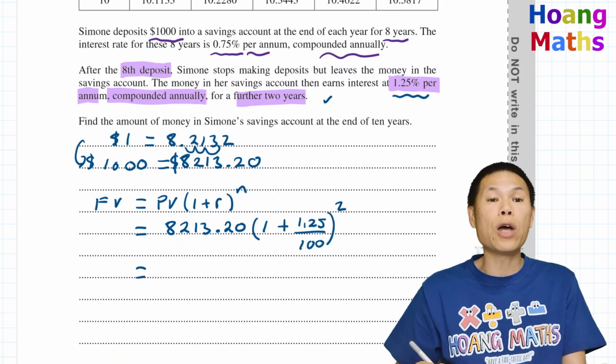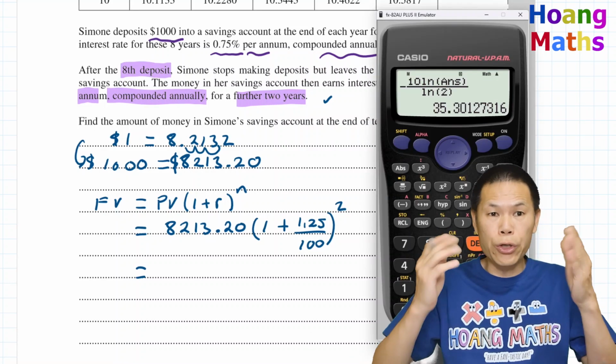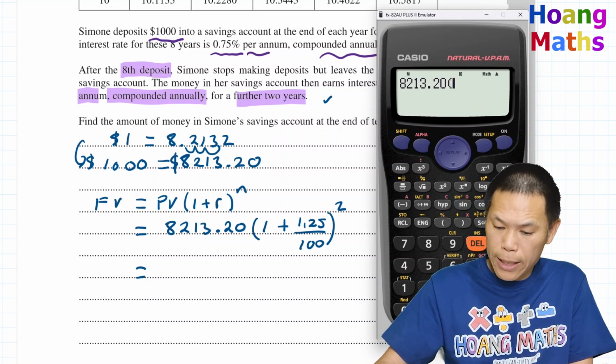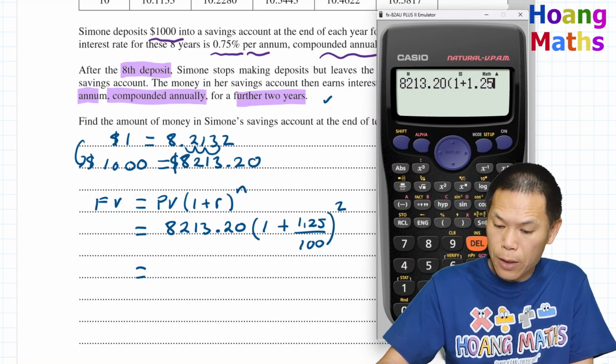So now I just put it into a calculator. That gives me 8213.20 brackets 1 plus 1.25 over 100, and we square it.